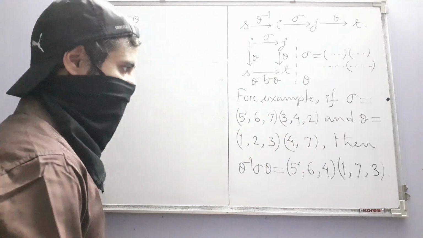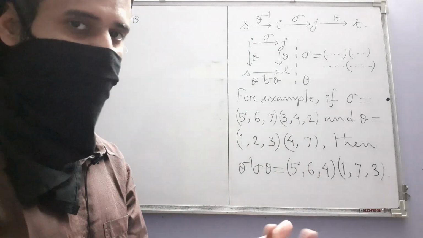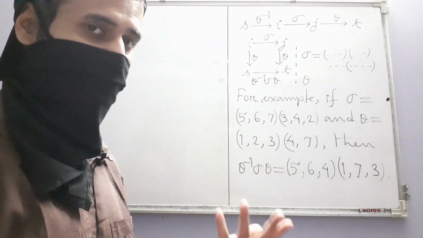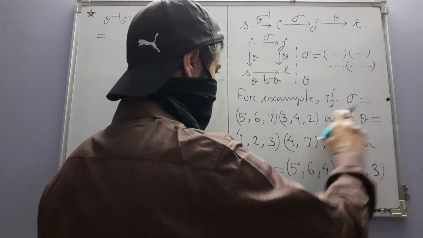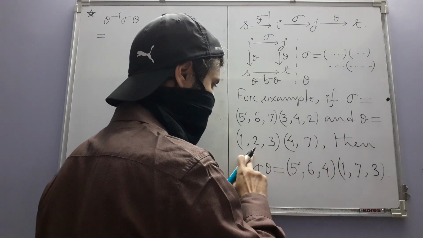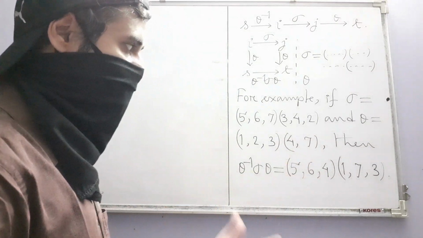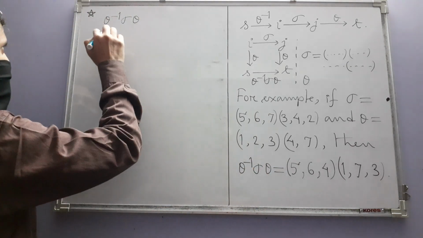What will be theta inverse? Theta is a product of two cycles. These are after all group elements. In permutation group, they are cycles, fine, but individually they are also permutations. So theta inverse will be the inverse of this times the inverse of this. But because these are disjoint cycles and so they commute, we can just take any order.